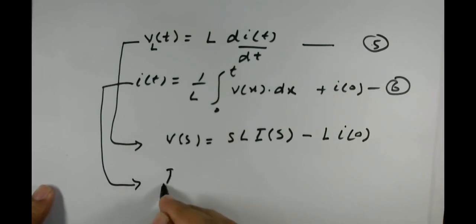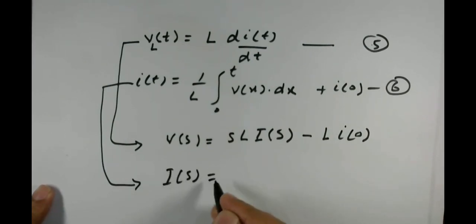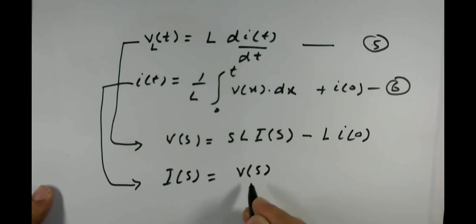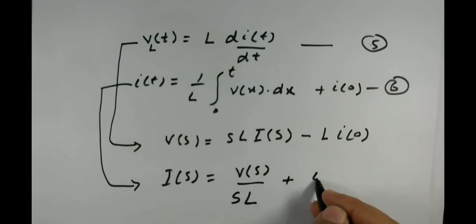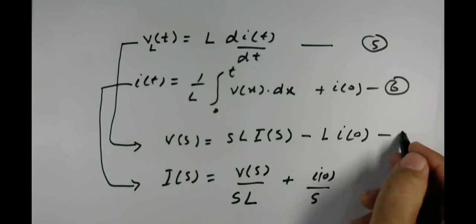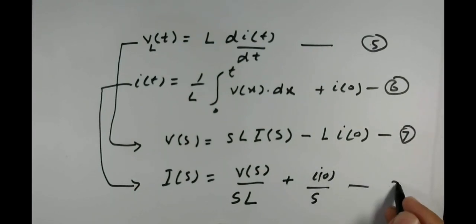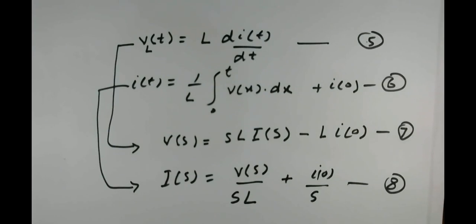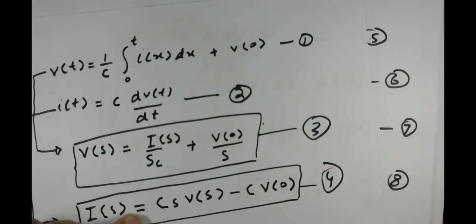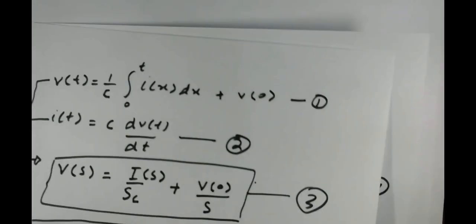Okay, and this will be I of s equal to V of s over SL, okay, plus I of 0 over s. Say this is equation 7 and say this is equation 8. You just need to remember this equation 7, 8 and 3 and 4.